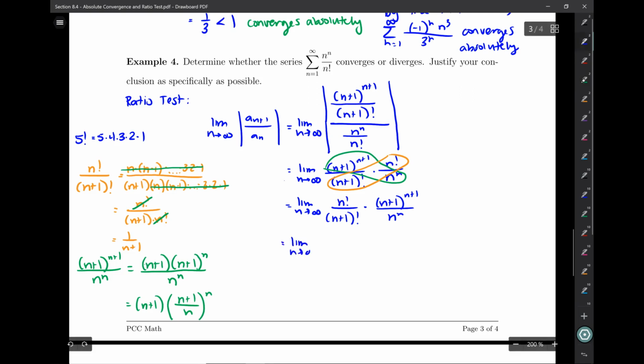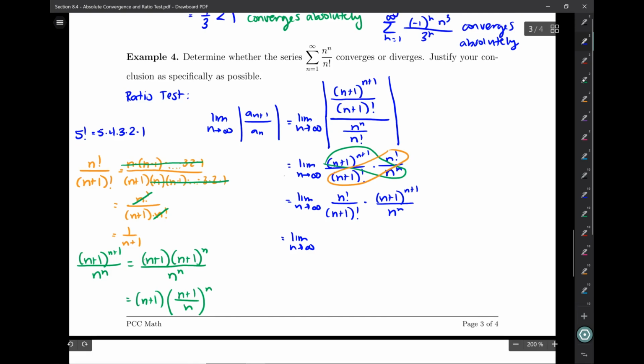Now we're going to rewrite, now that we've gone through some algebra and simplification. So again, this piece simplified to 1 over n plus 1. And then this piece simplified to n plus 1 times the quantity n plus 1 over n to the n. Now notice we get an additional simplification here, that 1 over n plus 1 times n plus 1 is going to just be 1.